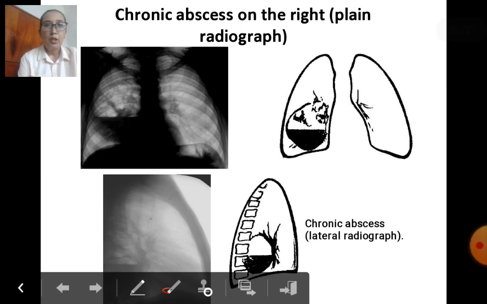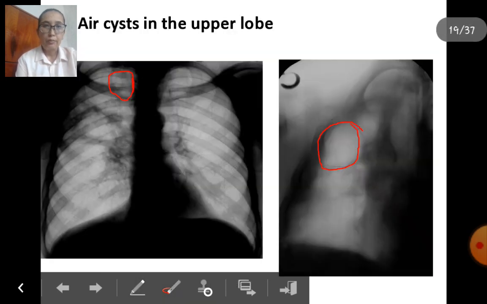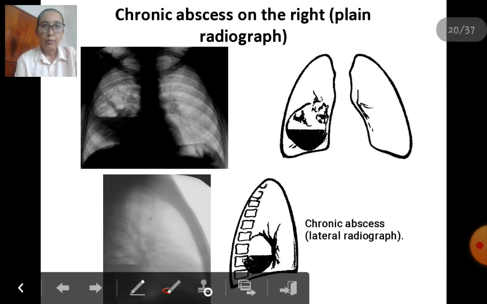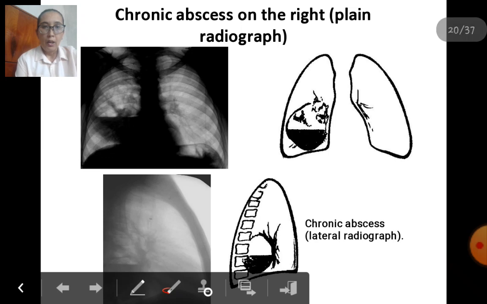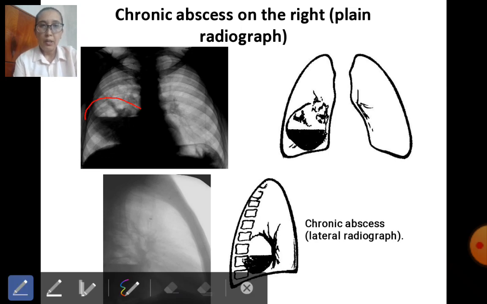Chronic abscess is also one form of such disease that looks like fibrous cavernous tuberculosis, and in the scheme you can see the abscess and the level of liquid.